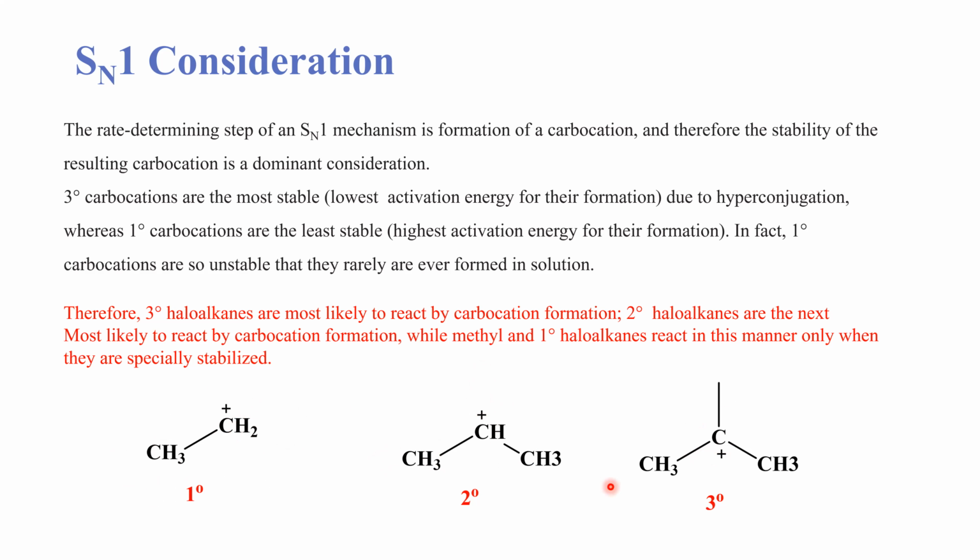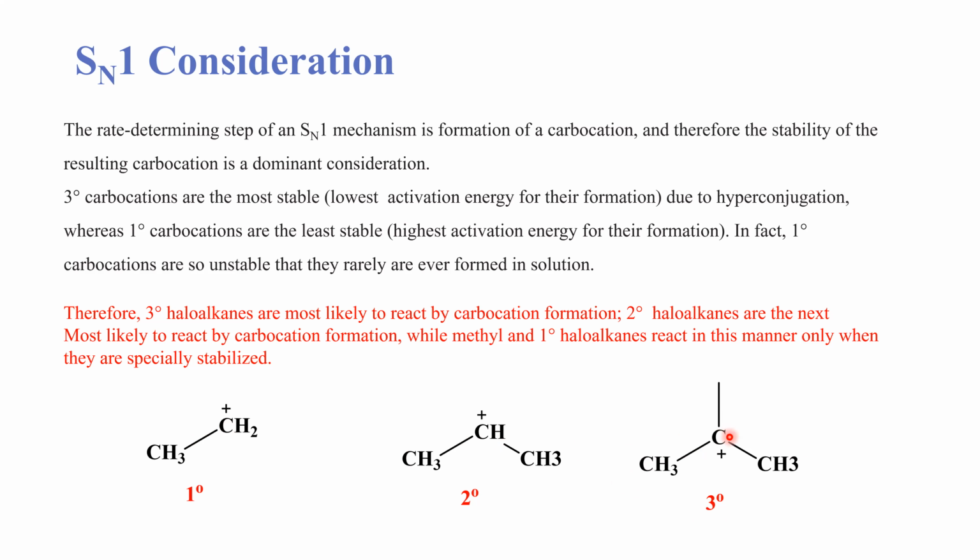Now the tertiary one is where this carbon was having the halogen, and by the removal of that halogen, it has easily converted into the carbocation. As we said already, the formation of the tertiary carbocation is easier as compared to the secondary and the primary one, because it has the least activation energy. So this really needs very little effort to form a stable carbocation.